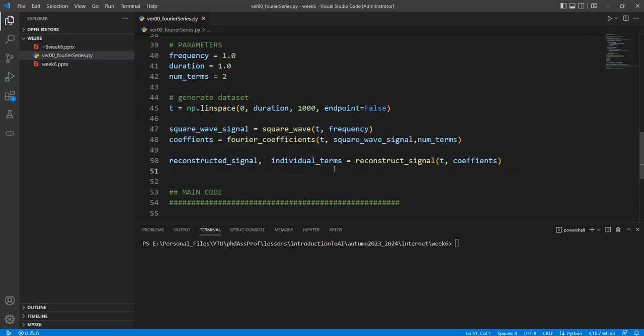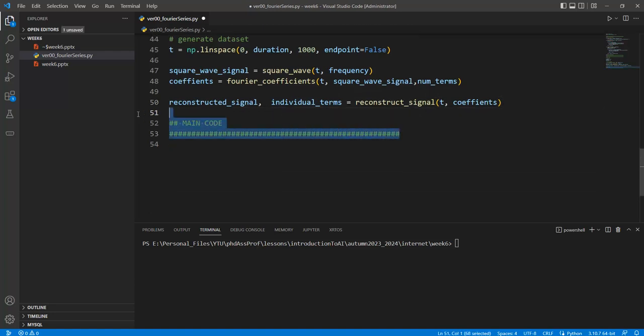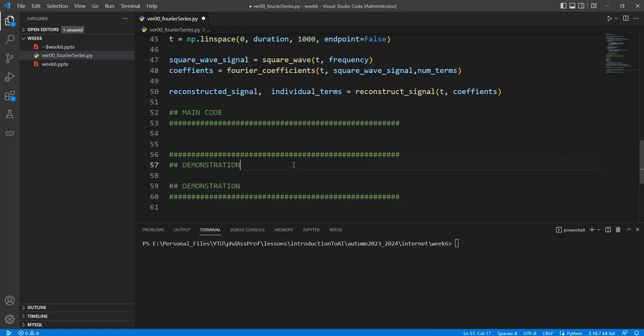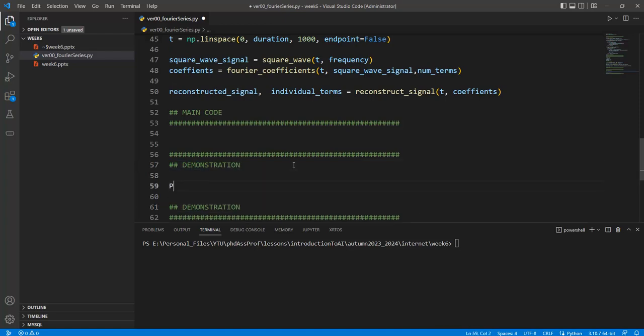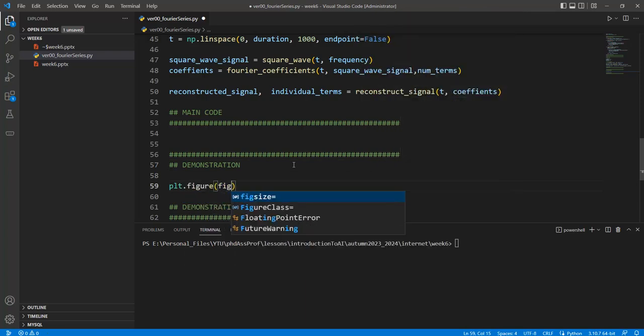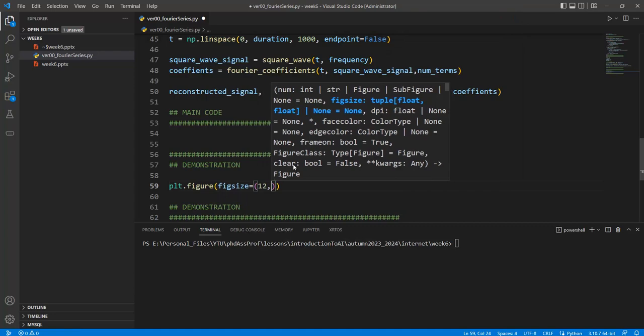any question? This is the simple example for our code, and so in order to show every pattern in this domain like this one, demonstration, firstly we need to give the plt figure with the fixed size 12, 8.